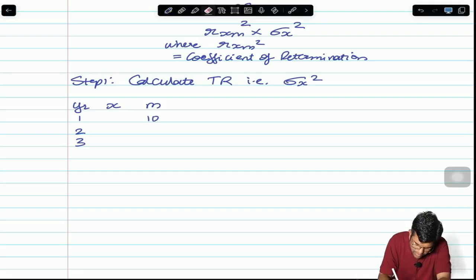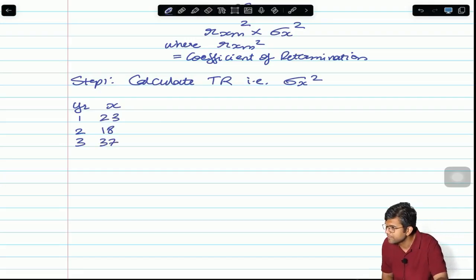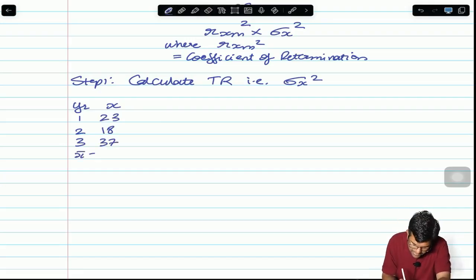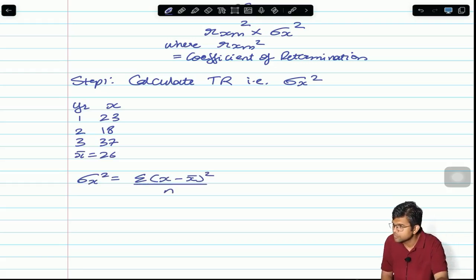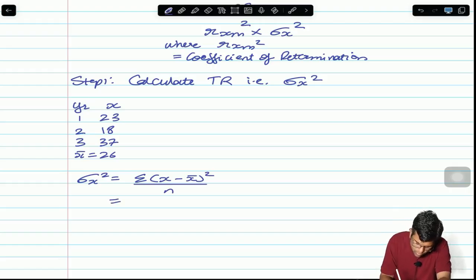No, I am not required actually. X. You remember those weird numbers I had given, 23, 18, 37. Everybody ready? And the x bar I guess was 26. For sigma x square, we need summation x minus x bar the whole square, the whole by n. There is no under root. Okay. So x minus x bar the whole square.